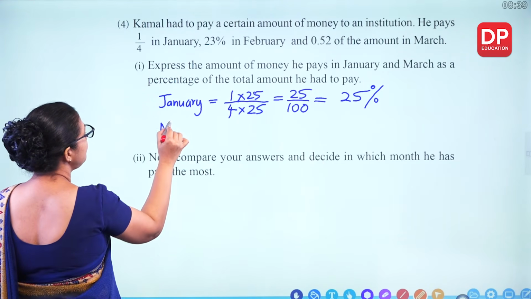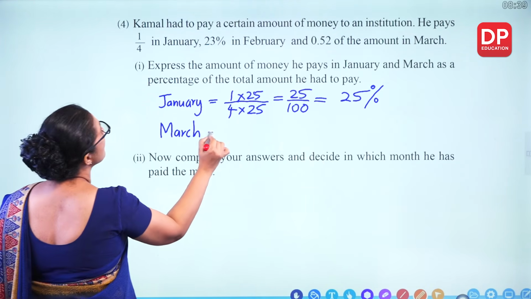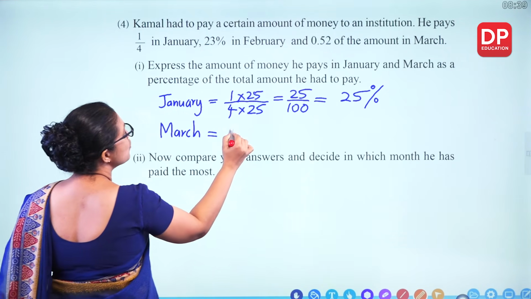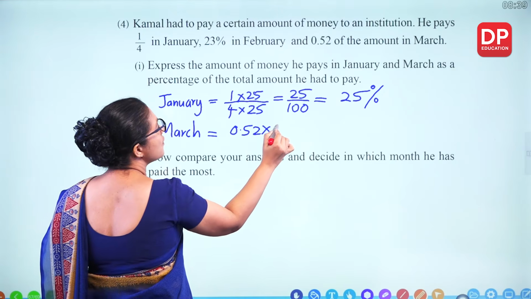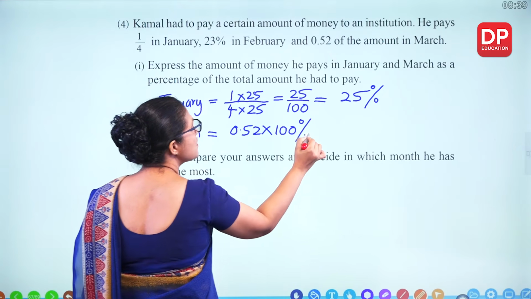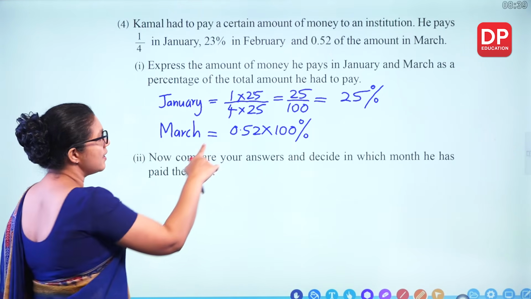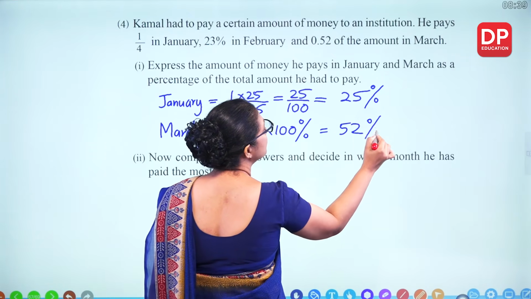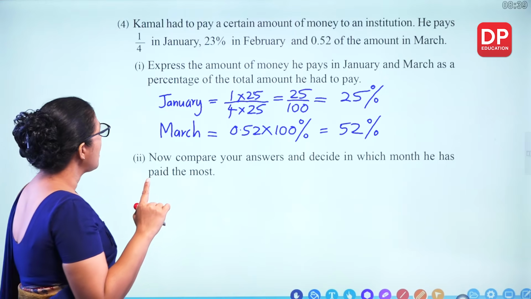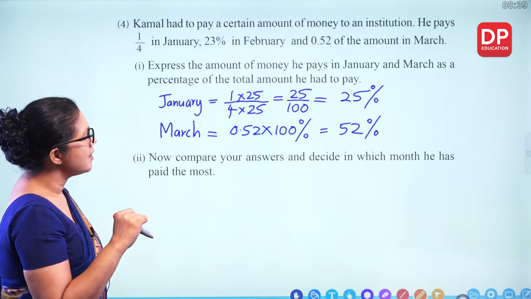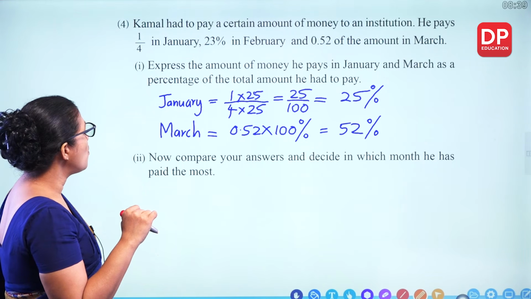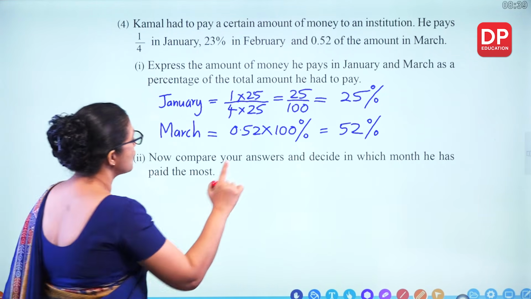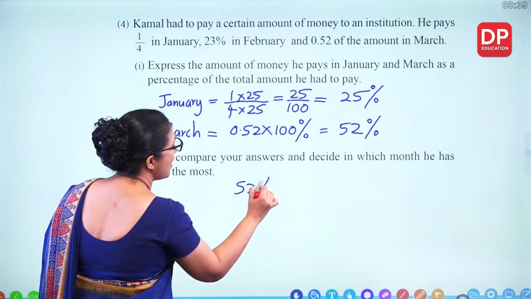March he paid 0.52. Convert to percentage. That means multiply by 100 and put the sign. 1, 2, 2 places to the right, 52%. Now compare your answers and decide in which month he has paid the most. So which one is highest? 52 is the highest.